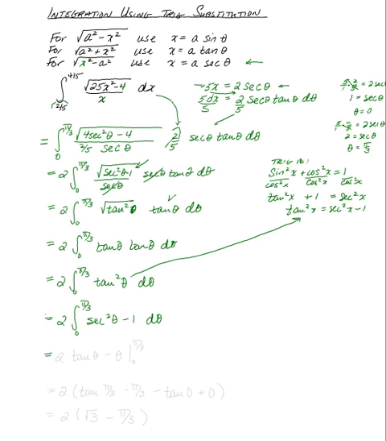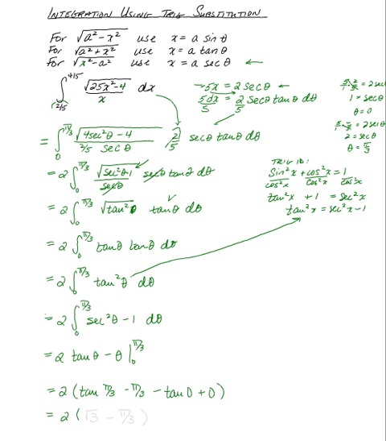The antiderivative of secant squared is tangent of theta, minus the antiderivative of 1, which is theta, from 0 to pi over 3. Plug in and we get 2 times tangent of pi over 3 minus pi over 3, minus the tangent of 0 minus 0. Now we need to figure out the tangent of pi over 3.